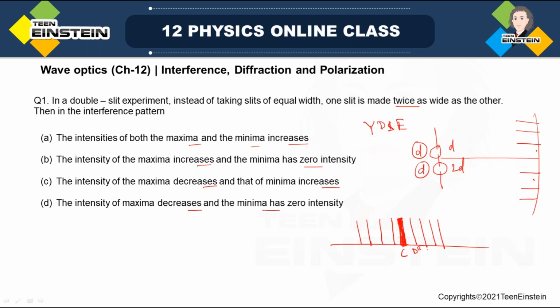In general, minima should be 0 when the widths are equal. But what is the case here? Will it be 0 now also when the slit widths are not equal? Or the intensity of the maxima decreases and minima increases. And the last option is the intensity of maxima decreases and minima has 0 intensity.